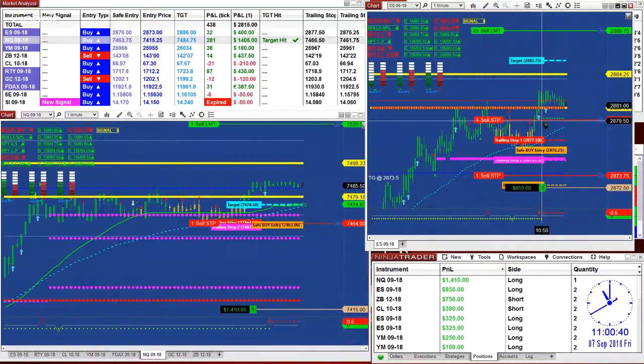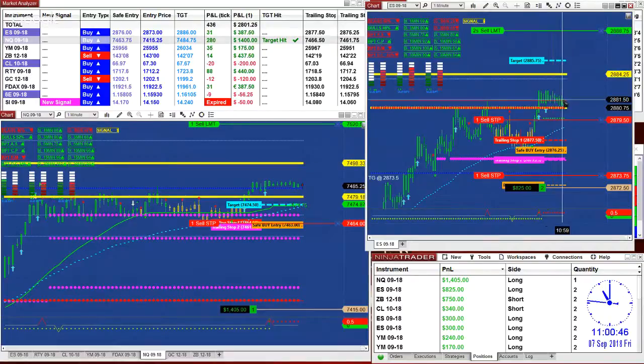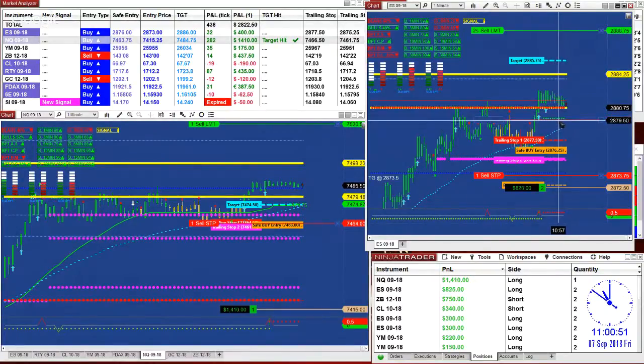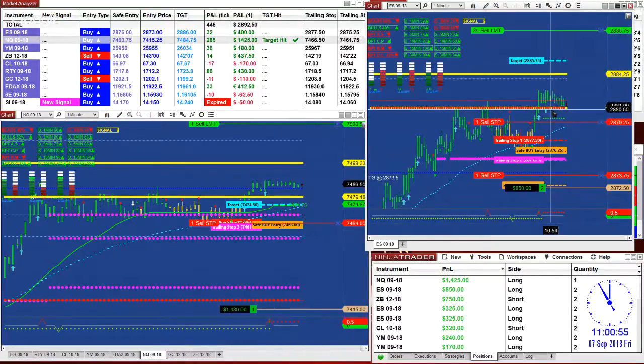If I wanted to trail stop this one here, I would do it manually. Do not get too close to the market, but at the same time we don't want to be too far. I know there is a projection here and a resistance here.